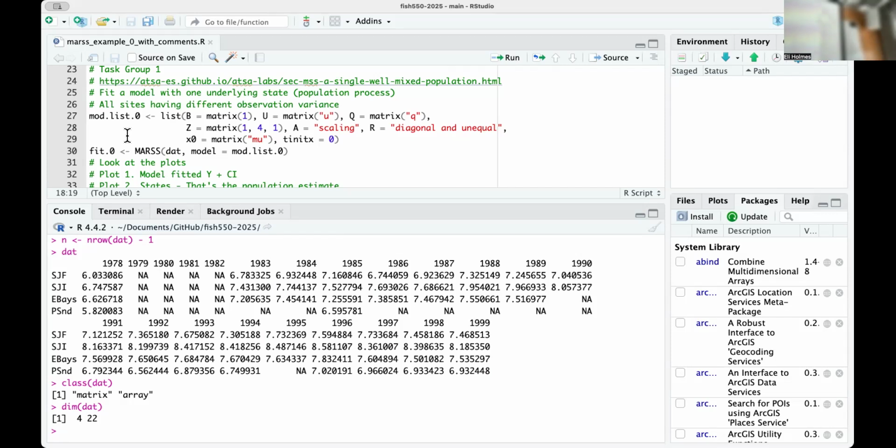In later cases, I won't be putting that there because that's just the default. That's the intelligent thing to do. Just let it do that. And then R, instead of writing that whole 4x4 matrix out, I'm going to use a shortcut. So this is one of the shortcuts, diagonal and unequal.